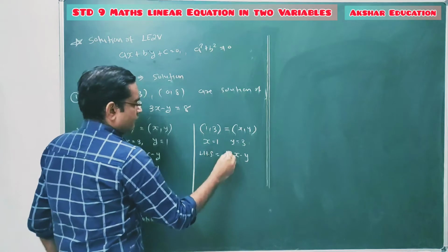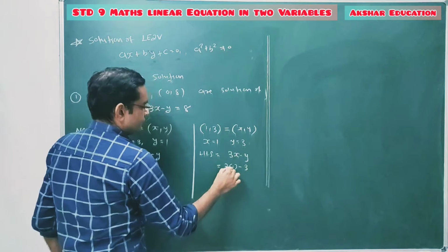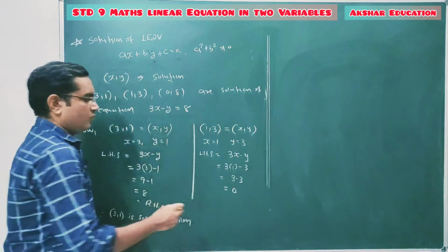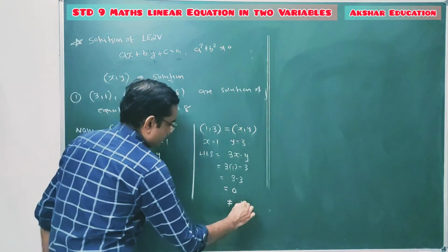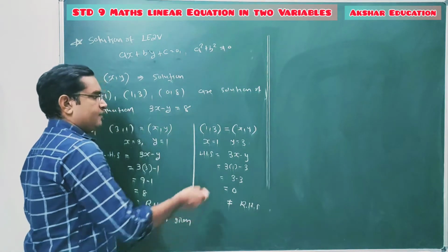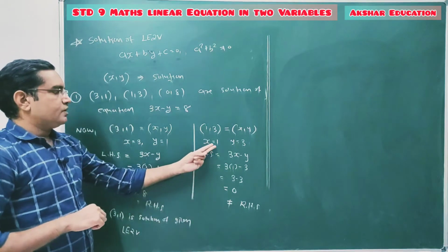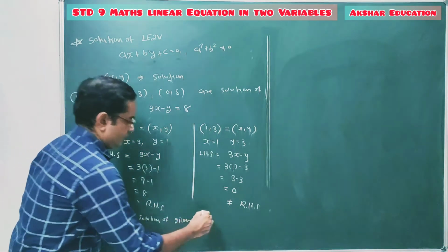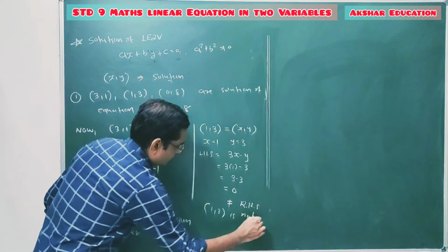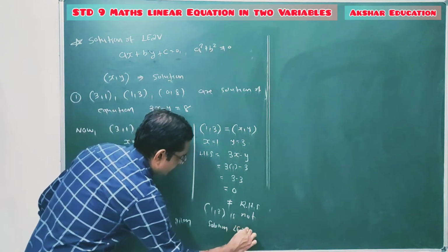So put x equal to 1 and y equal to 3: 3 into 1 minus 3, which is 3 minus 3 equal to 0. This is not equal to the right hand side of this equation. So the left hand side is not equal to the right hand side for x equal to 1 and y equal to 3, and that's why we can say that this is not the solution of the given equation. So the ordered pair (1, 3) is not the solution of the linear equation in two variables.